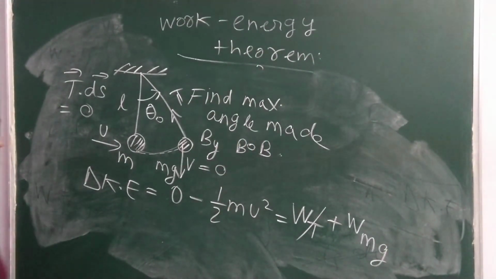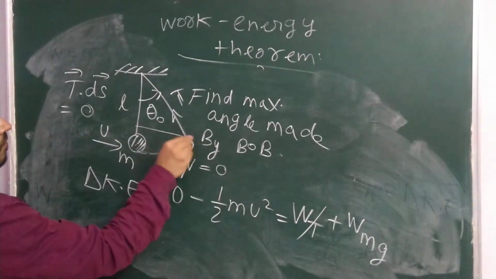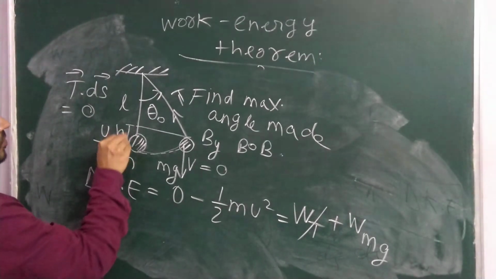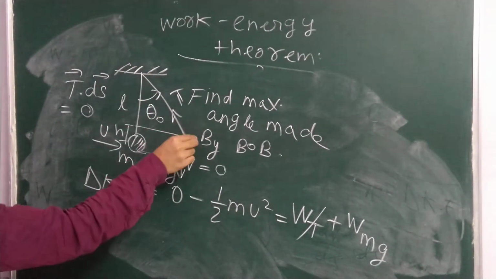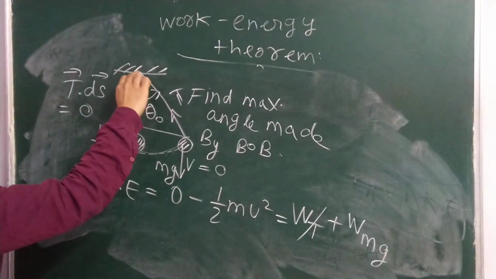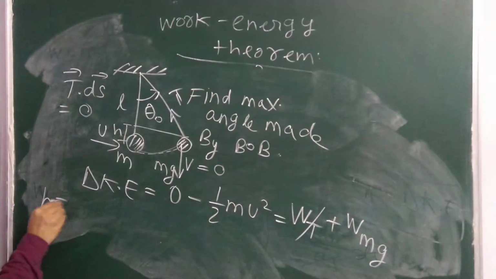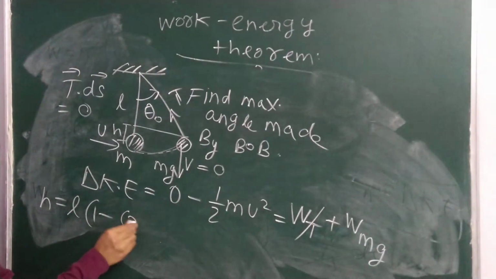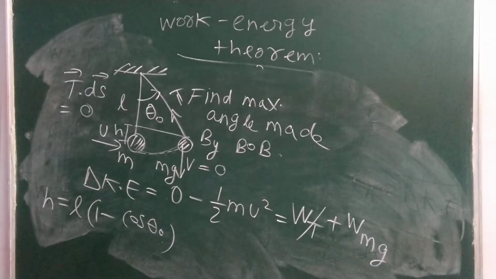What about work done by weight then? Work done by weight will be mg times whatever height this is, h. Okay, now on calculation you will see this is L cos theta naught, this length from here to here, and this is the total length. So h is actually L times 1 minus cos of theta. Alright, so we can put it back there.